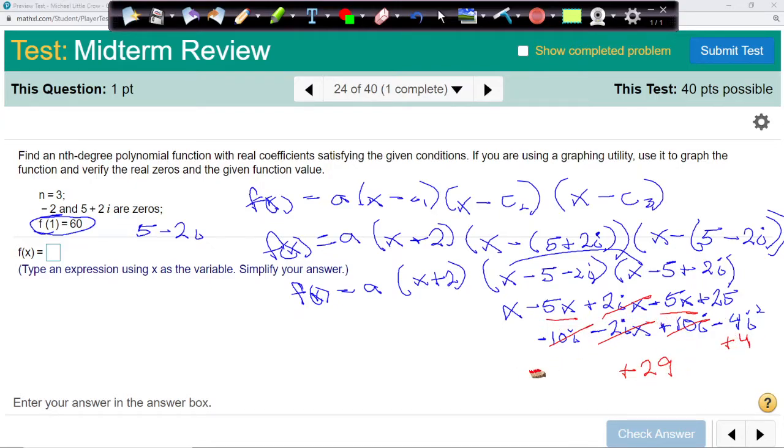Negative 5 twice gives us a negative 10x. And then that's x squared. Sorry, I said it, but I didn't write it. So we got x squared. So that's that part. And this first part is going to be x plus 2. Type an expression using x as the variable to simplify your answer. Okay, and I guess that means multiply it out.